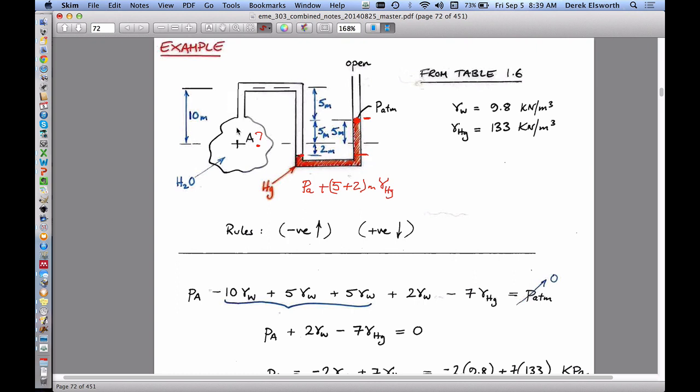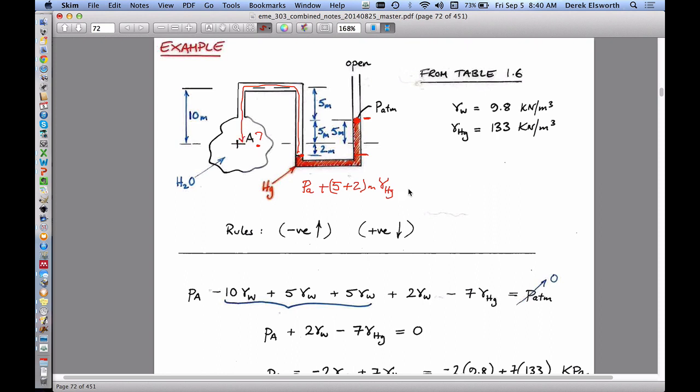If this is a gas, then my job is done because I have the number. If it's not a gas, then I have to go up to get to this point here. And so I have to go up this height, and I have to come down this height.